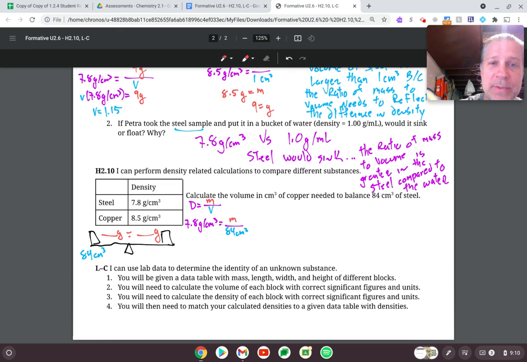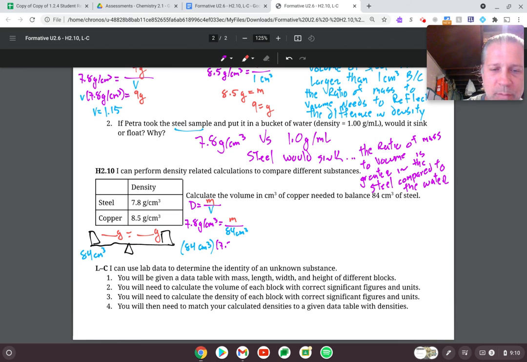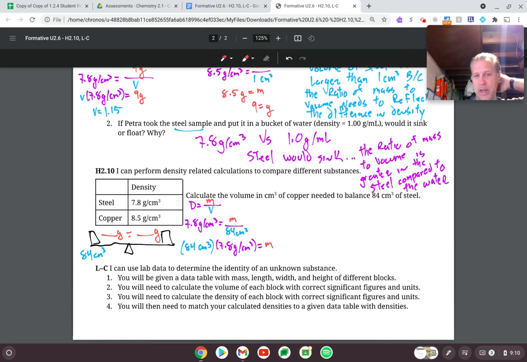I'm going to multiply both sides by the 84. So I get 84 centimeters cubed times 7.8 grams per centimeter cubed will be equal to the mass. And when I multiply that out, 84 times 7.8 gets me 655.2 grams for my mass.